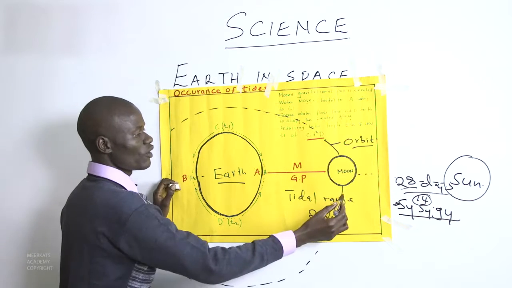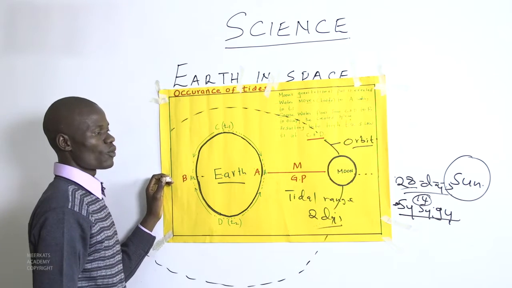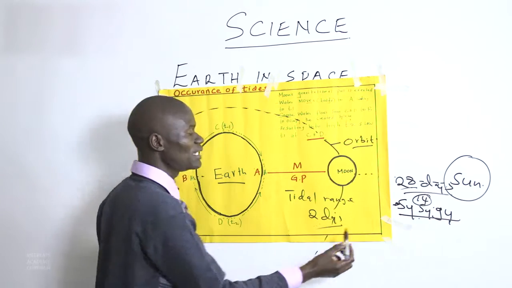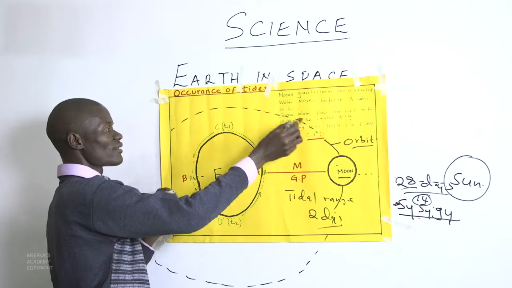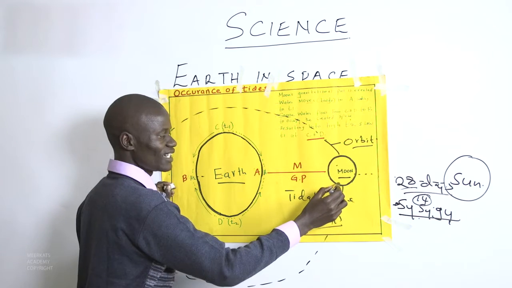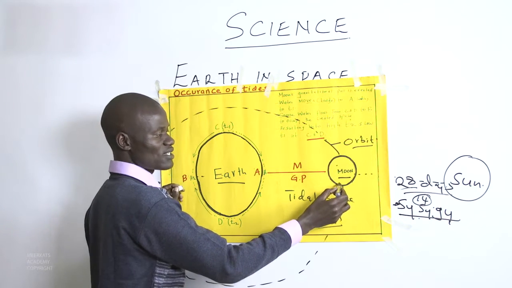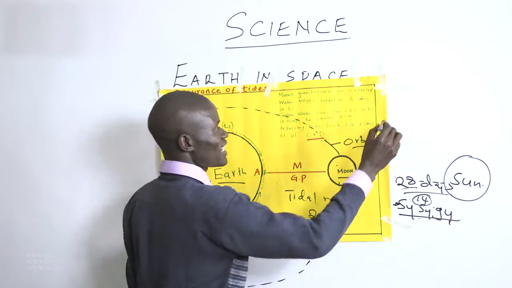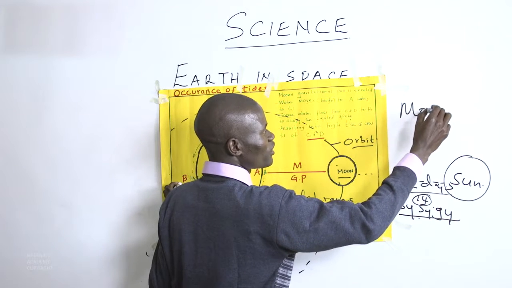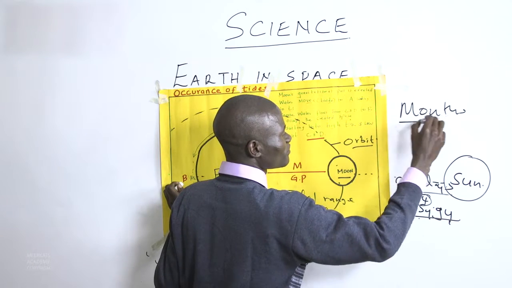Therefore, a period of 28 days when there is syzygy means the moon has completed one revolution and is now beginning a new phase. That is why we are able to understand the period of months.